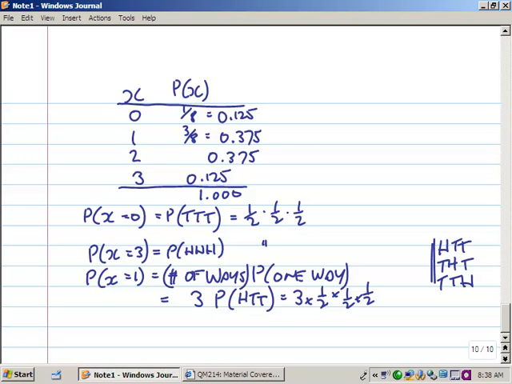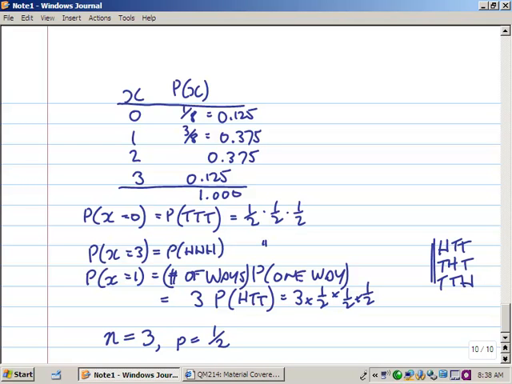So that's a binomial probability distribution where we usually like to know the n, the number of trials, in this case 3 tosses, and p, the probability of one success on one trial, in this case the probability of one head on one toss, and that's a half.